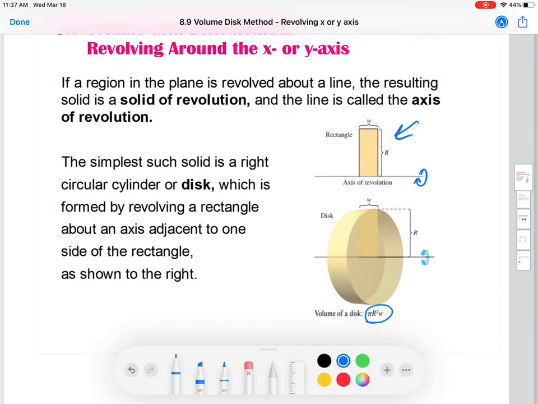So the volume is going to be very similar to this volume of a cylinder formula, except you're not going to see a width in there. You're not going to see that height, because the idea is that we make our discs so skinny, so flat, that their width is not even relevant, and we just integrate the area of one circle and we find volume that way.